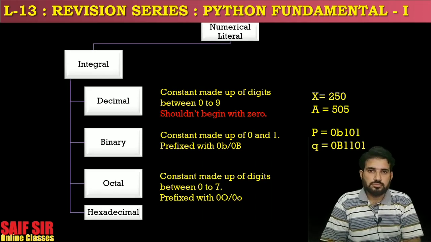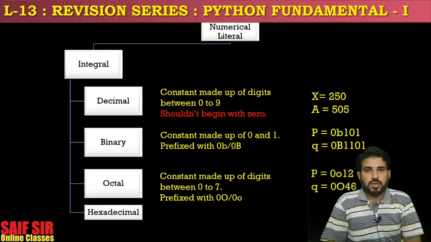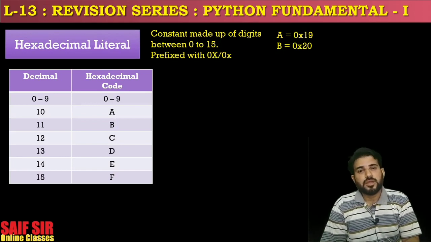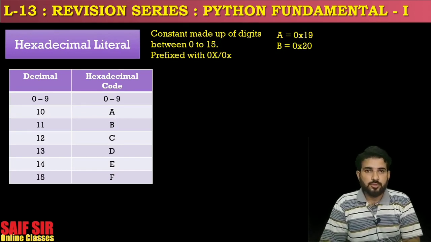If you want to store it in a Python program, the prefix is 0o, and this is the example. Now the hexadecimal literal. Hexadecimal literal is a combination of any 16 symbols from 0 to 15, but from 10 to 15 it is coded as A to F, which is clear in the table.